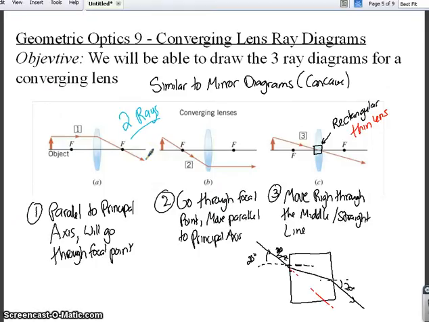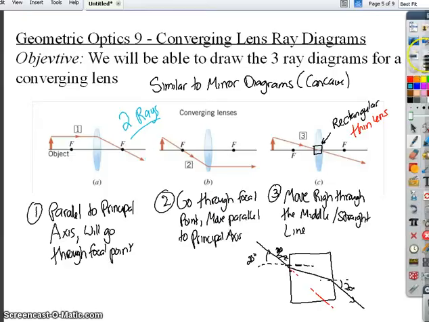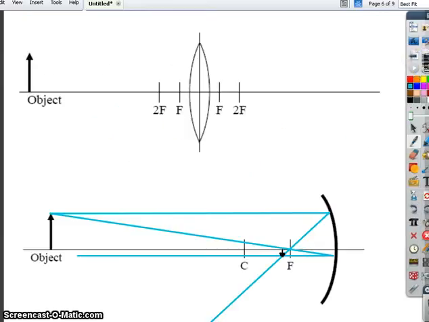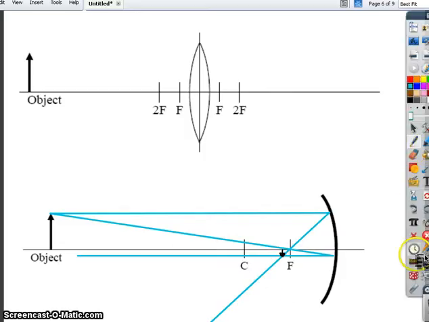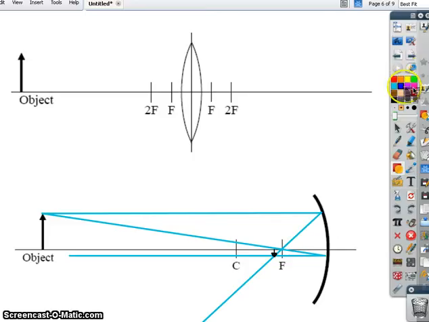And so my first diagram, I'll draw all three, and then I will do just two because it's simpler that way. Okay? So here is our first converging lens, and you can see below this I drew the mirror diagram for a concave mirror because I'm going to show you how similar it is afterwards. Okay? So let's draw our first ray. Our first ray, we'll do blue, is going to start off at the point.